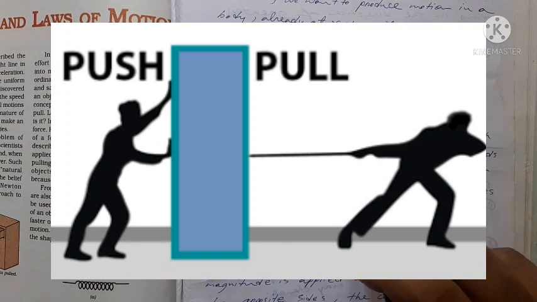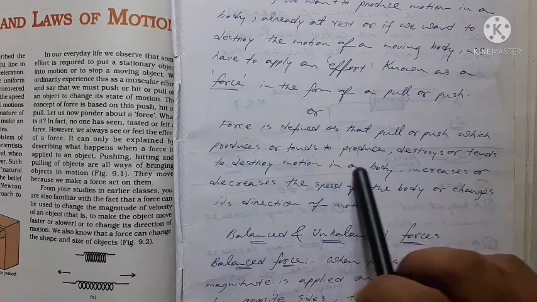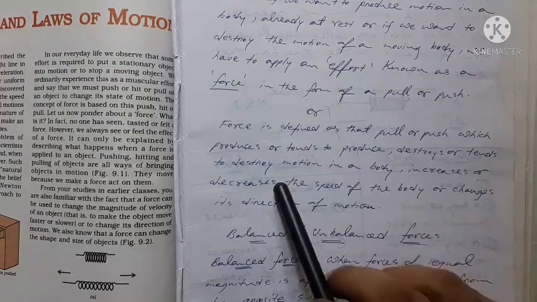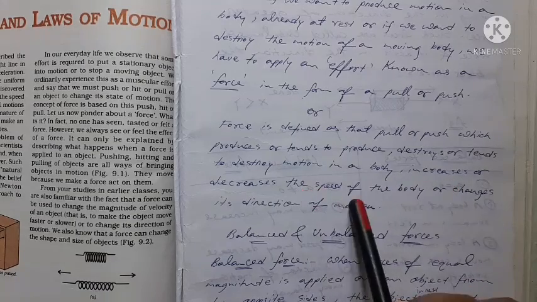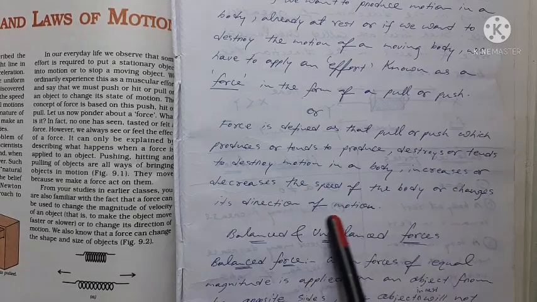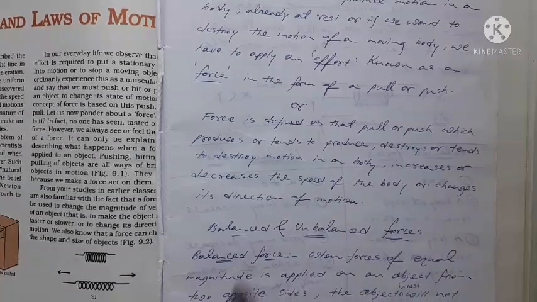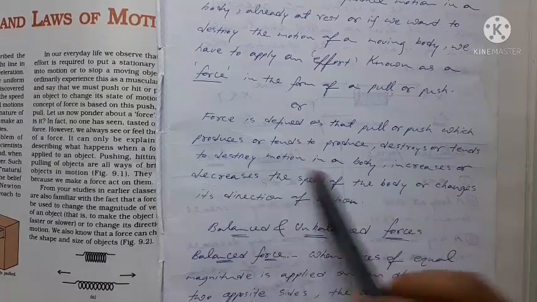Or force is defined as the pull or push which produces or tends to produce, destroys or tends to destroy motion in a body, increases or decreases the speed of the body, or changes its direction of motion. These are the effects of force.